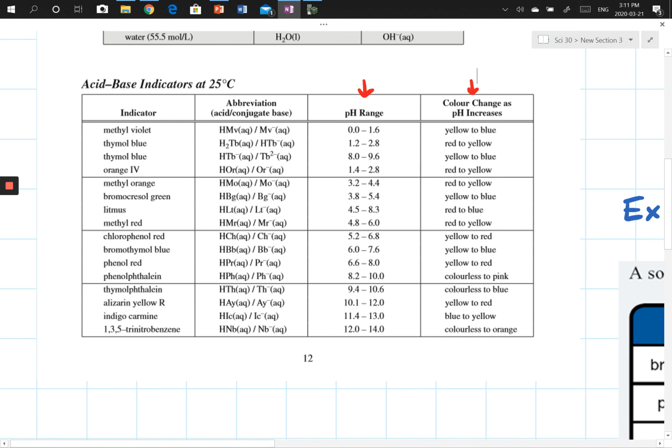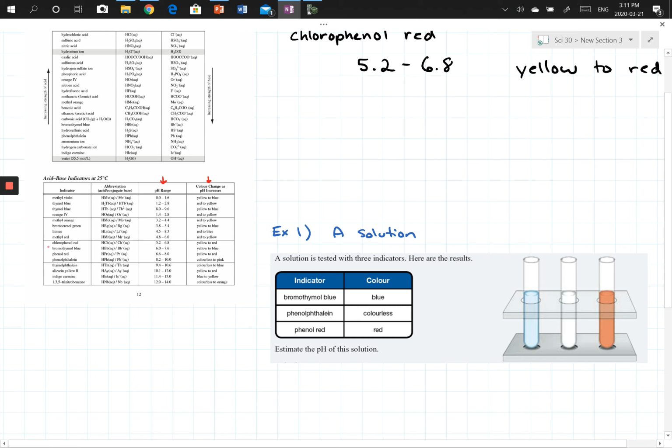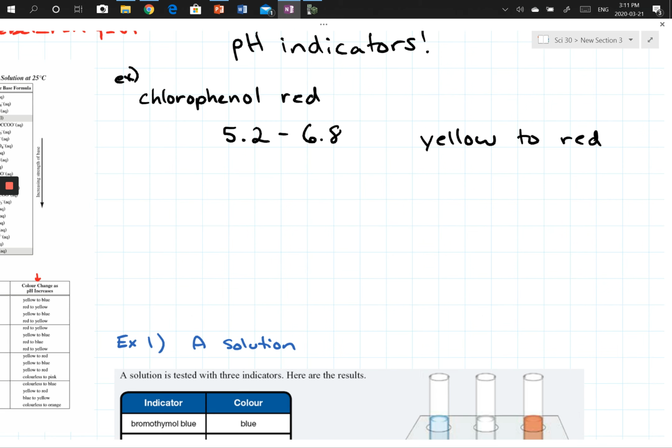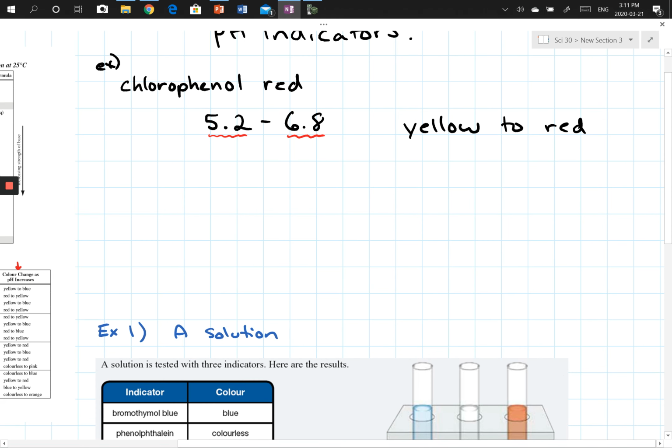For example, chlorophenol red is the one I have here. Its pH range is 5.2 to 6.8. That means over that pH range, if I put chlorophenol red into my solution, there's going to be a color change.